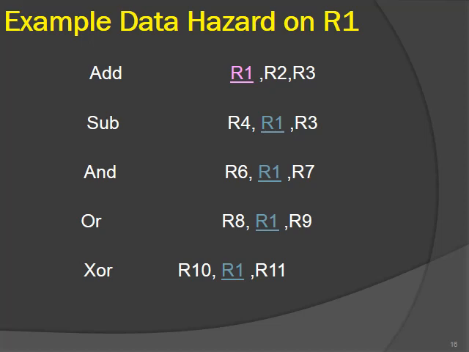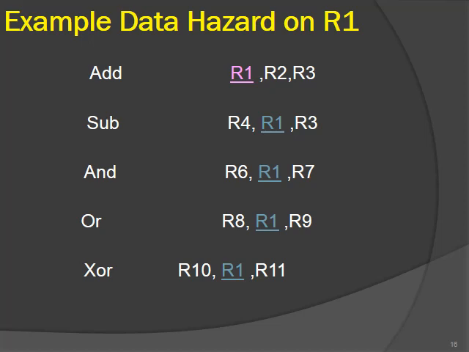The add instruction is using register R1. The subtraction instruction is also using register R1. The AND and exclusive OR instructions are also using register R1. So we may say that when the first instruction, that is the add instruction, is completed, the result of that instruction will be used for the second instruction, that is the subtraction instruction.